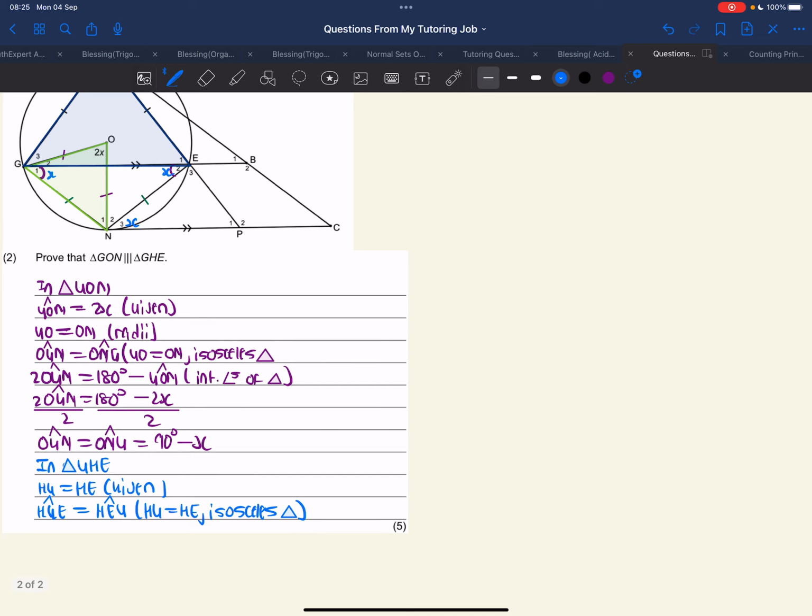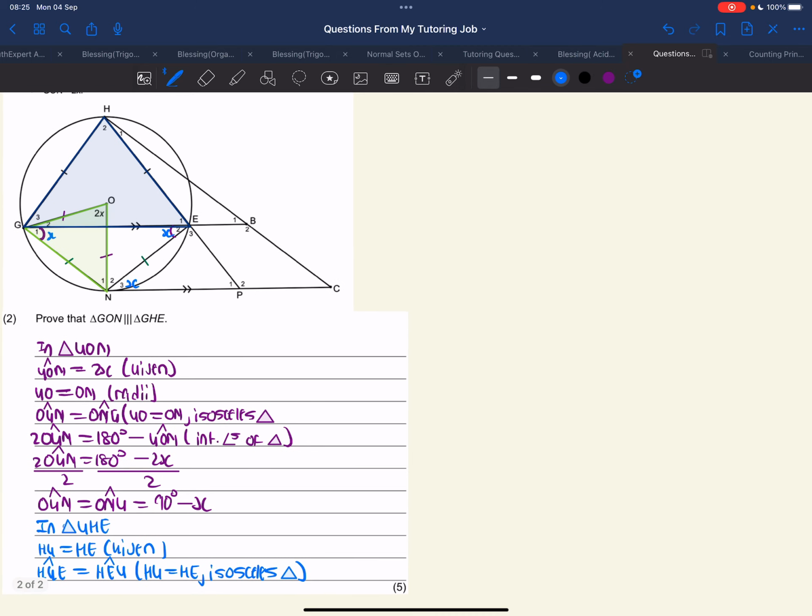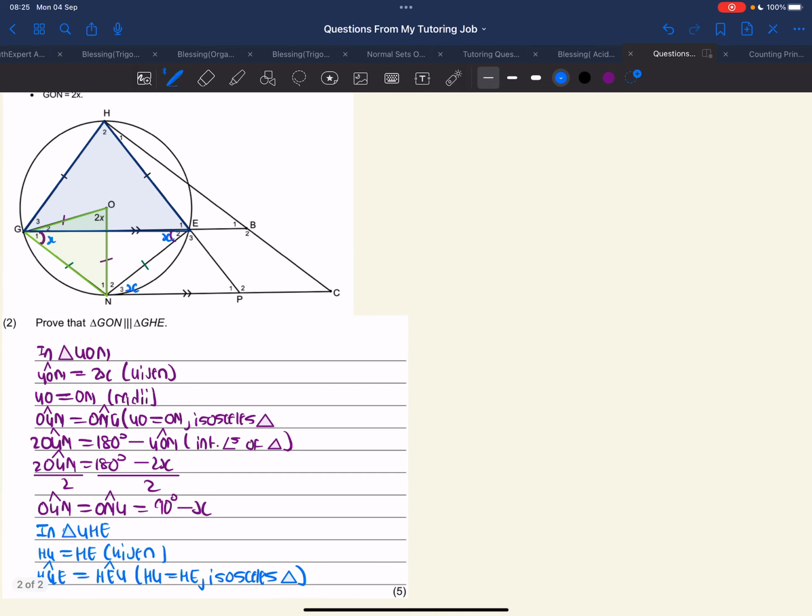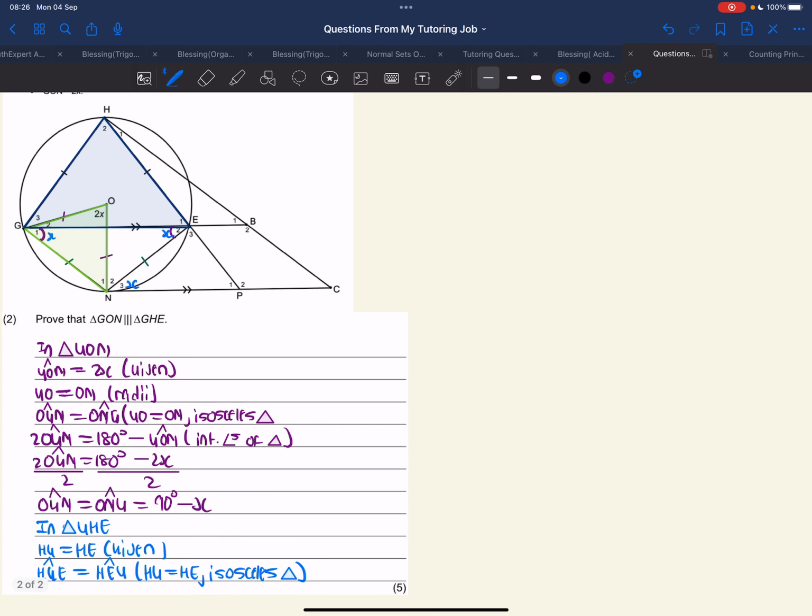So the angle that we're looking for is angle GHE, which is H2.